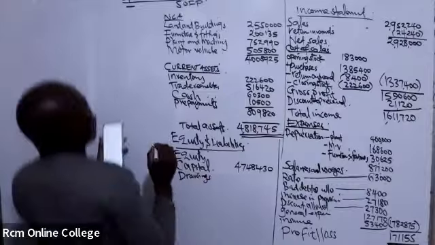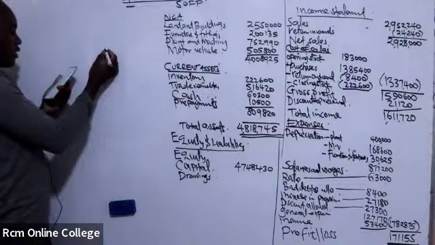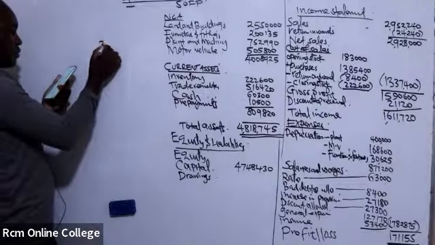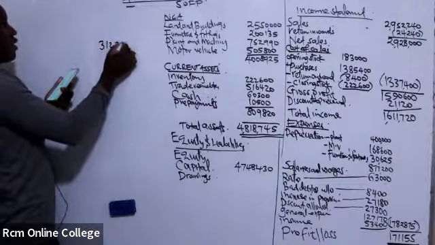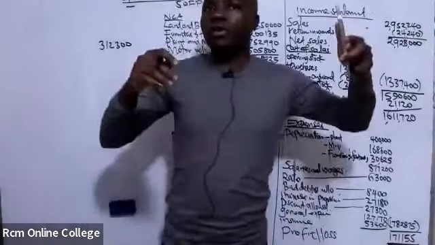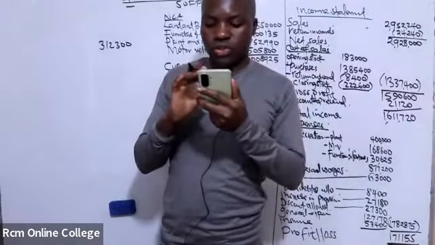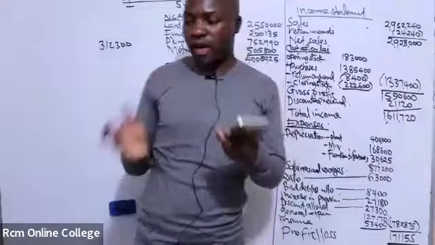Drawings. Now, drawings will appear twice. The first one is the one given in the trial balance, which is 312,300, right? Then we also need drawings for the salaries for this person's domestic workers, which add up to 93,000.